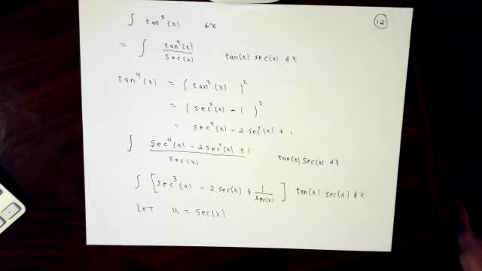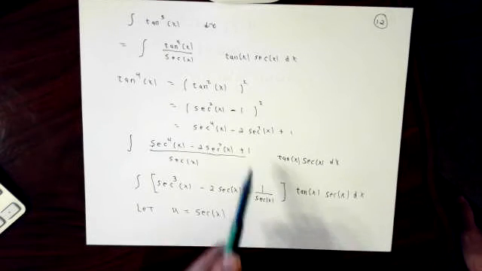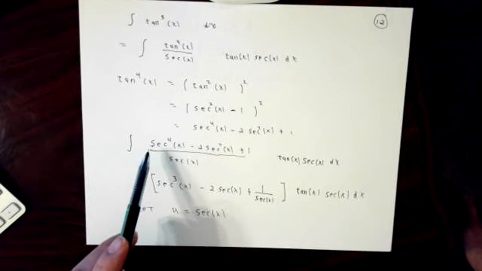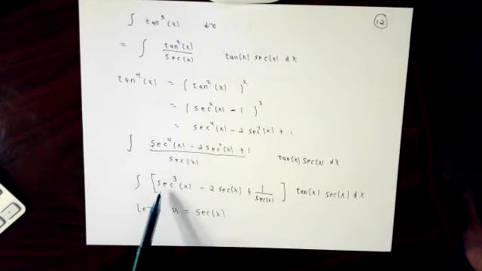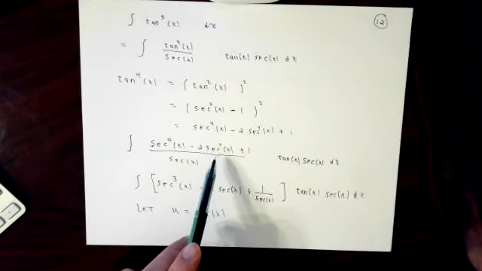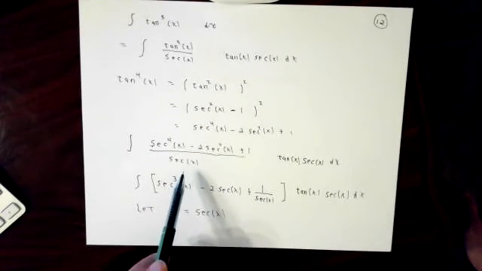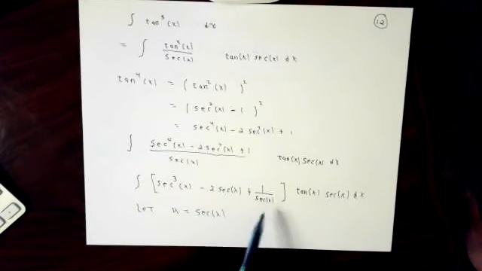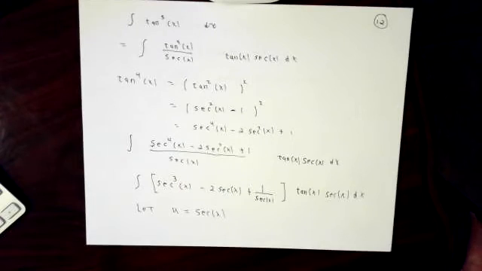Because of the way we add fractions, I can split this part up into 3 pieces. Secant to the 4th over secant, which is secant cubed, minus 2 times secant squared of x over secant x, which is secant x, plus 1 over secant x. And I still have my tangent x secant x at the end.